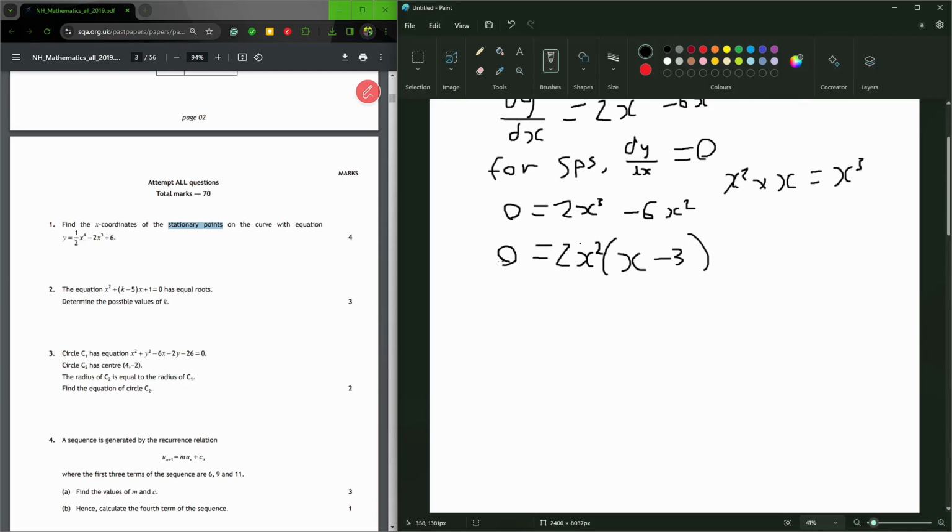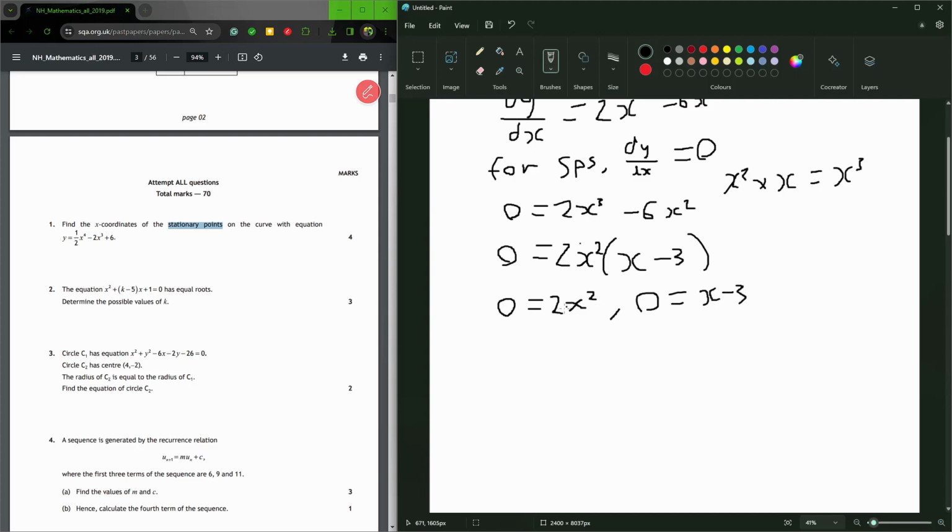Now, remember, when you have 0 equals something times something, one of these has to be 0. Could be either one, could be both, but one of these has to be 0. So either, split it down, you won't need to write these to get marks, but they're helpful just to get the idea in your head. 0 could equal 2x squared, or it could equal x minus 3, and that gives you 2 different answers.